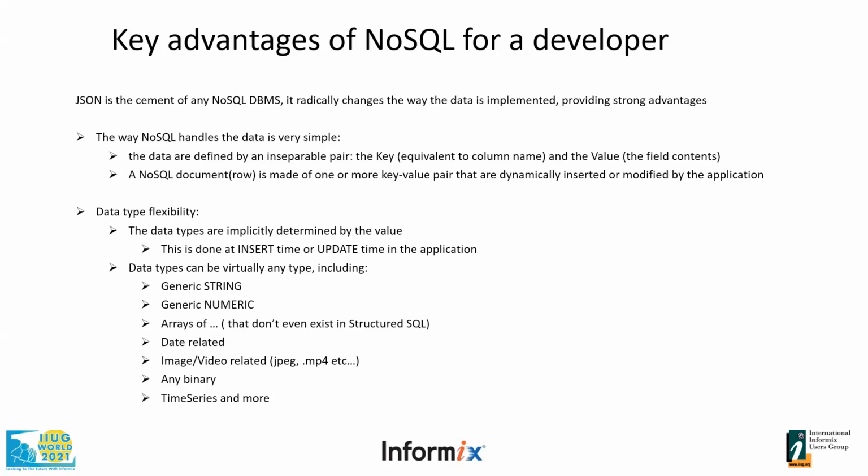Also date related, but also image, video, binary, also time series, which has its own implementation, and many more data types that we can have. So basically, by creating one column, you can have anything that your application, as long as you modify it, will be able to represent.